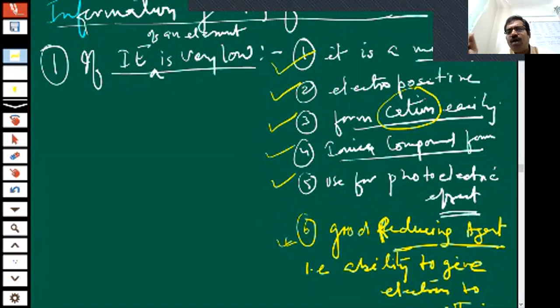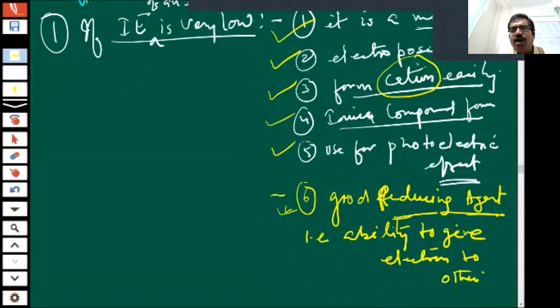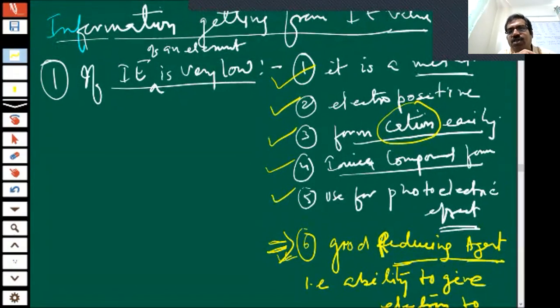I will discuss this point in more detail in redox reaction, okay? But today you have to understand that they are good reducing agent if they have low ionization energies. So these are some ideas we can gather by knowing the ionization energy value.